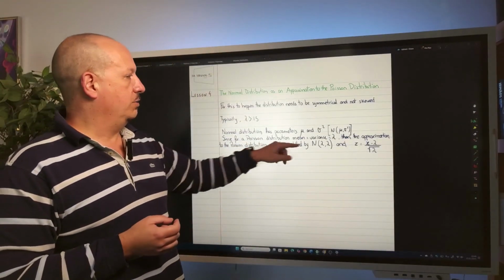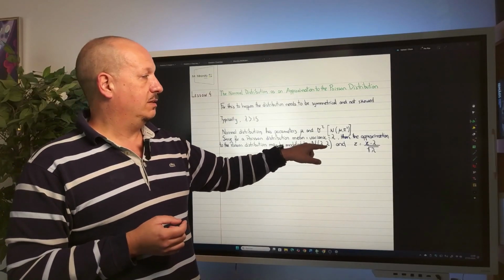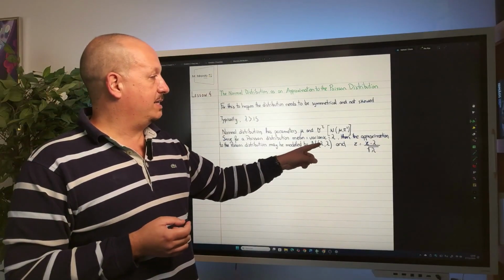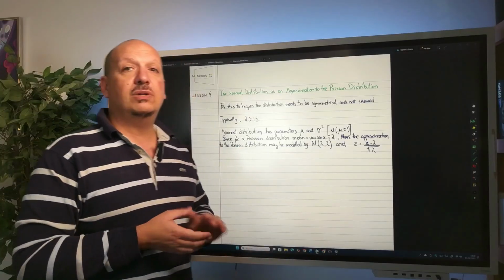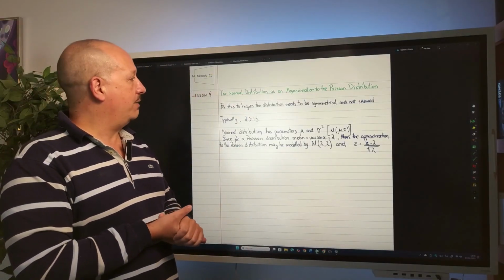It will boil down to this. The normal distribution will have the parameters lambda and lambda, they are the same, and the z value is going to be given by x minus lambda over the square root of lambda. So that's all that you have to do.